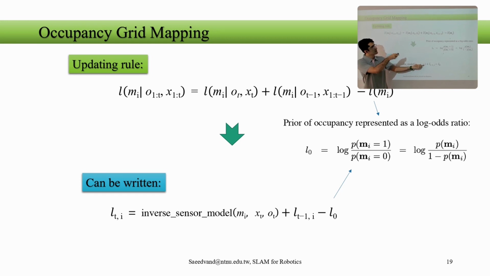Added by this term over here, by the same definition, it can be written as l_{t-1}, and this term can be written as l_0. So l_0 is the prior, this is the posterior, then this is the inverse of the sensor model that gives us the update of each one of the grid cells that we have.